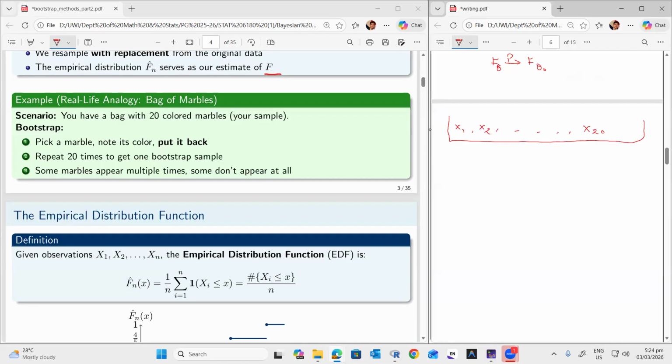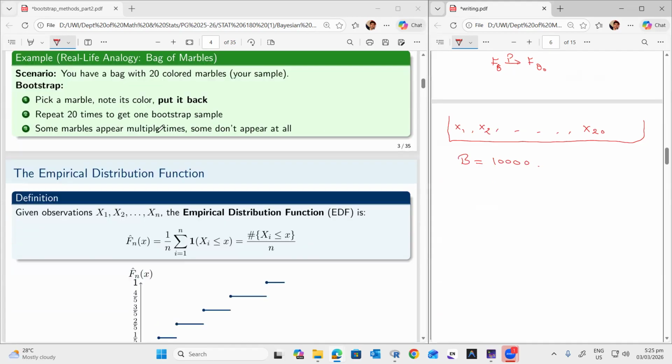The next time you pick, it is not necessary that another marble will come. The same marble may occur again. You do it again and again 20 times. That is called one bootstrap sample, and you repeat that procedure capital B number of times, that is 10,000 we are taking till now. So we have 10,000 bootstrap samples.